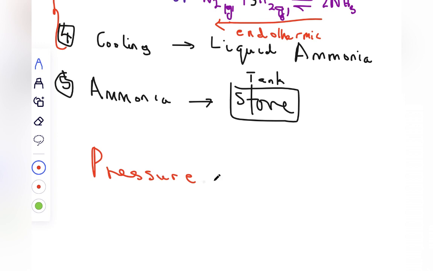But we must increase pressure to a reasonable level, up to 200 atmospheres, a suitable trade-off, which is 20,000 kilopascals or 20 megapascals. That's the pressure we use in this regard. Is that okay? Now, let's take a look at other factors.